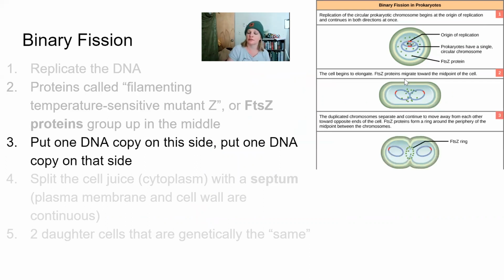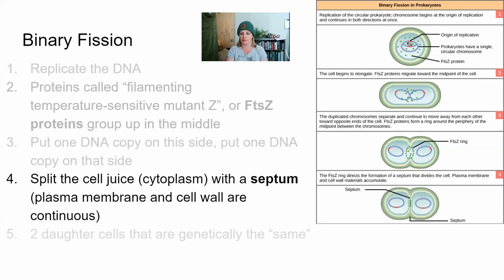With this replicated genome, we see one chromosome go over on this side and one chromosome go over on that side. Then these proteins form this ring where it's starting to pinch off, instead of being one oblong cell, to create 2 cells.